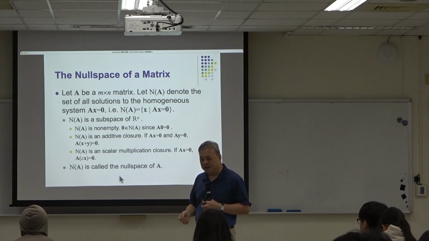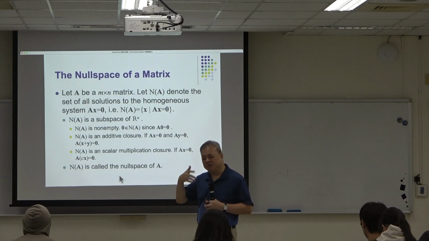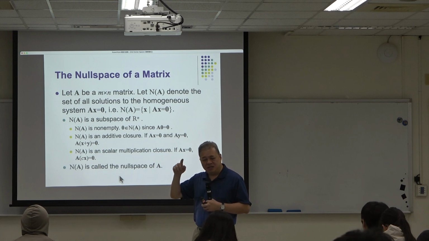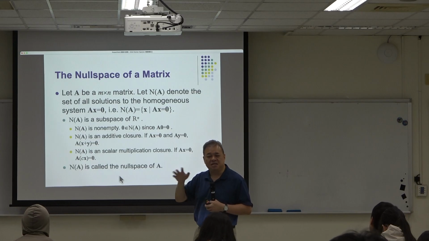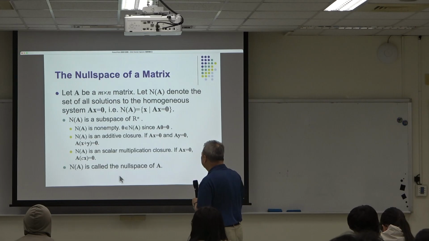If x is in this null space, cx must be in this null space too. If x1 is in this null space and x2 is in this null space, then x1 plus x2 must be in this null space as well. It's very easy to verify. N(A) is a subspace of R^n.